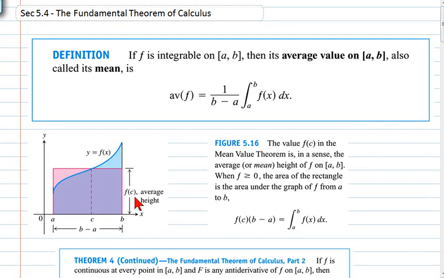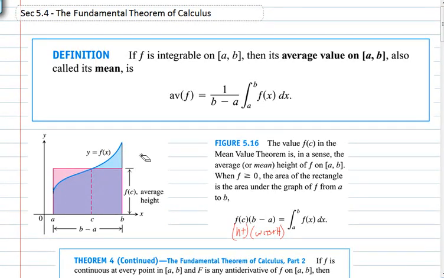So that gives us this formula, and we could take that height times the base, or let's say the width, of this rectangle that actually is equal to the value of the area under a curve.